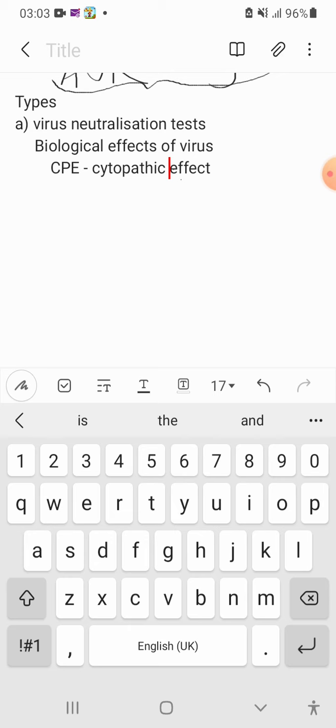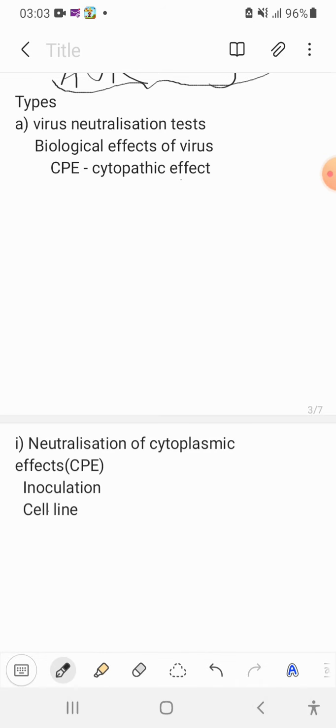In cytopathic effect, the virus normally changes the structure or morphology of the cell.